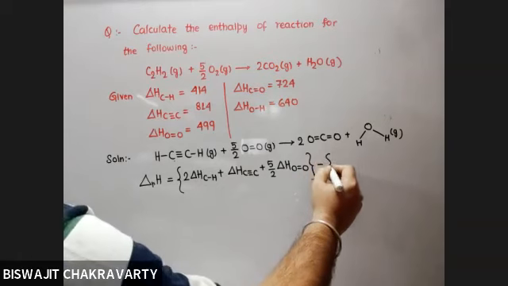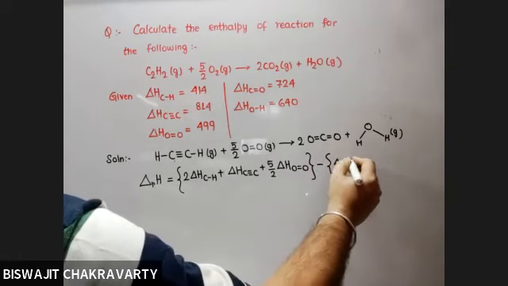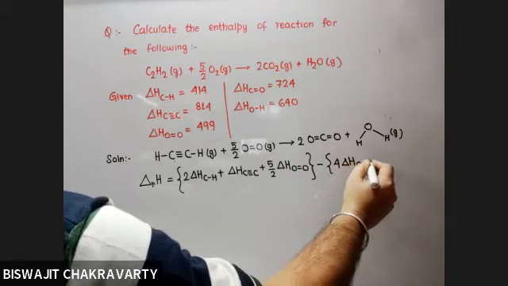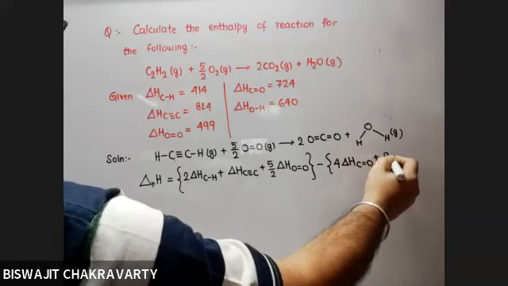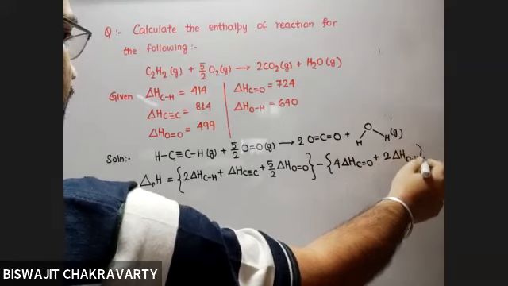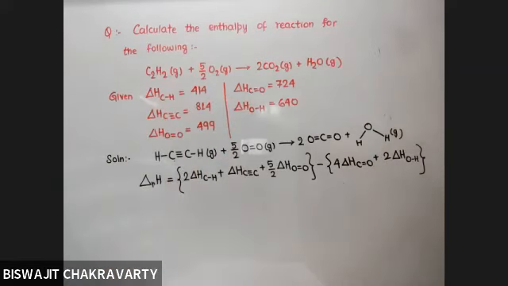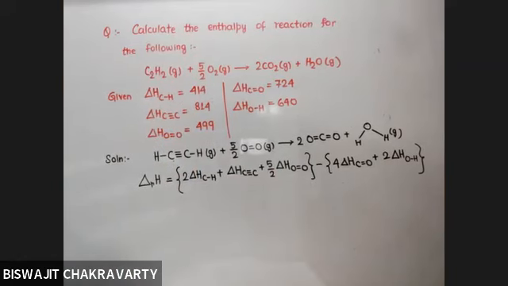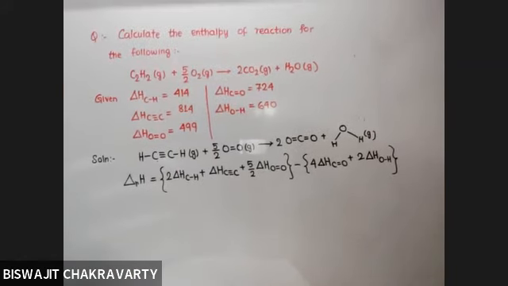Minus 4 of delta H C double bond O, twice of delta H O bond H. Whatever be the number of moles in front, you have to take exactly that. Now you put in the values and tell me how much you are getting. Do the calculation.